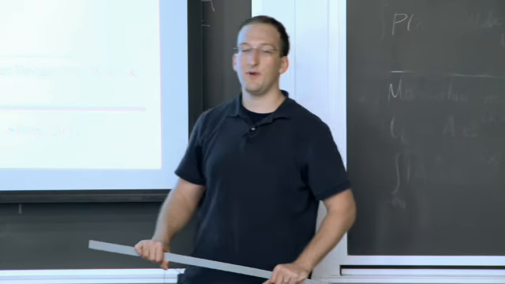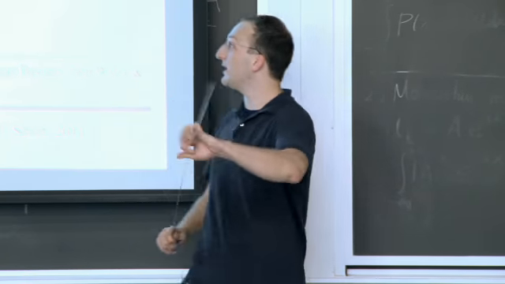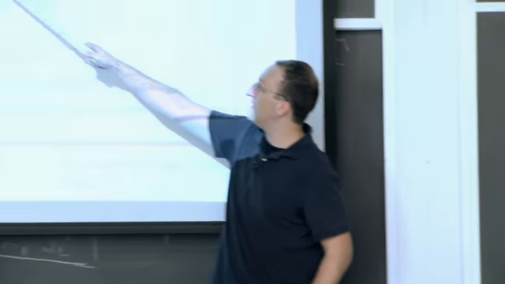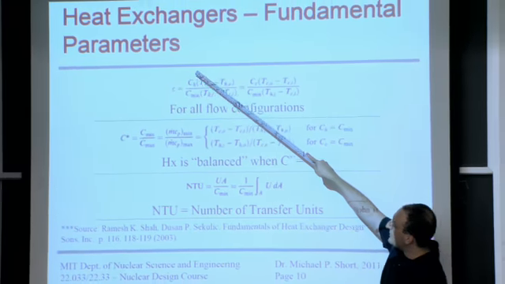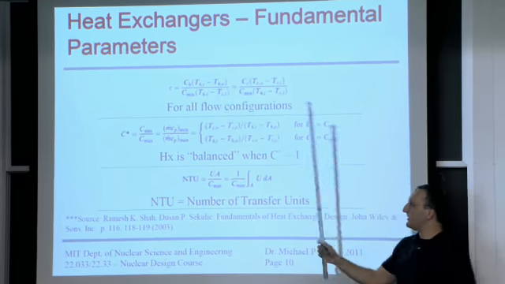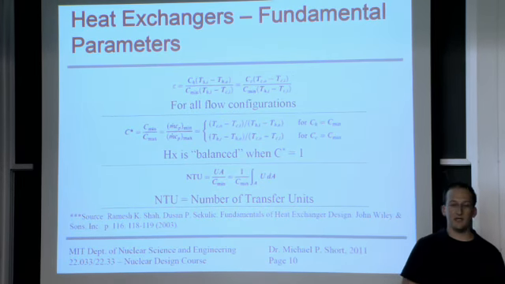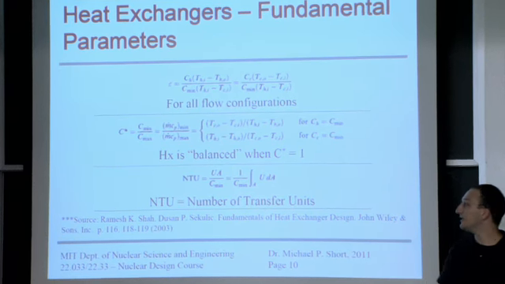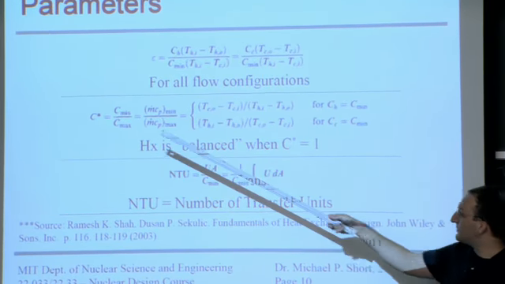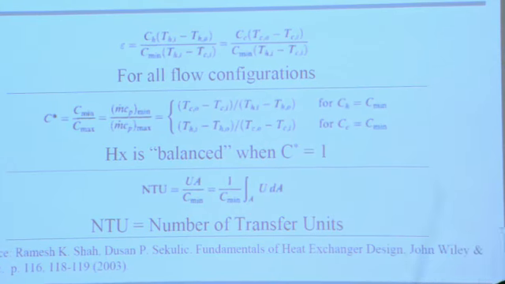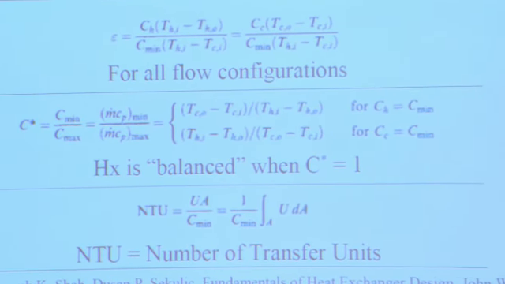Some of the fundamental other parameters for heat exchangers, like I said up here, is the effectiveness of the heat exchanger. These C's right here, C just stands for mass flow times heat capacity, m dot times Cp. It's called a capacity rate. And C star will give you an indication of how balanced the heat exchanger is.